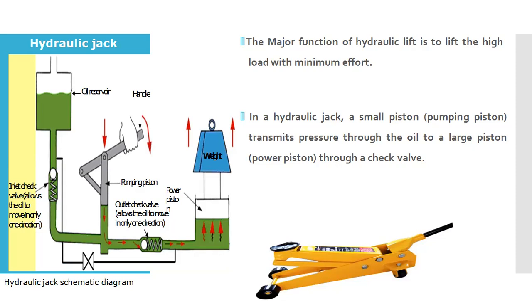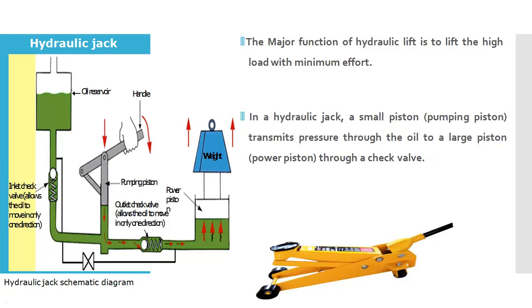And then you have the handle to operate the system. When you operate it, you can see the force through the oil makes this component lift up the heavy weight, and when the weight is removed, the oil will be released, and the platform which was moving up will be released down.